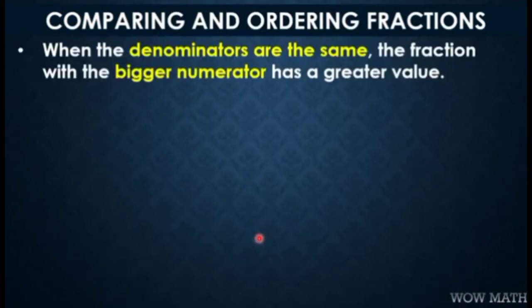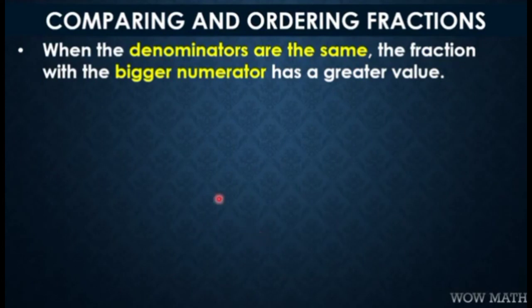Okay, so how are we going to compare naman? Compare and arrange fractions. Now remember, there is a shortcut in arranging fractions if they have the same denominators or numerators. Unlike yung previous slide natin that they have different numerators and denominators.